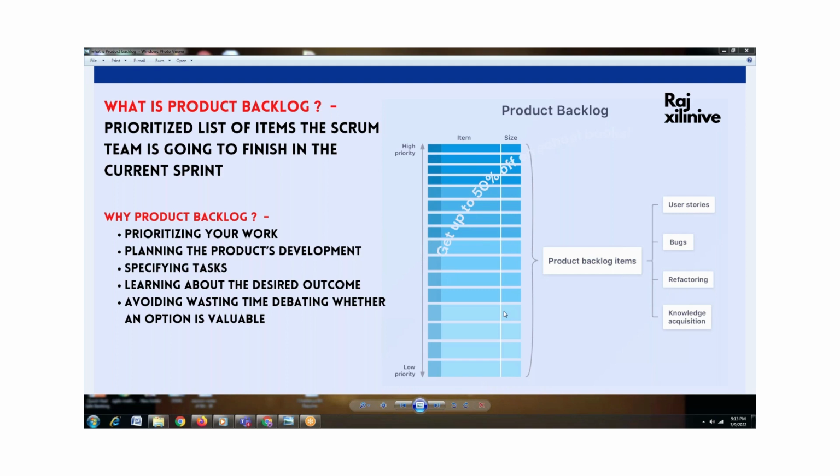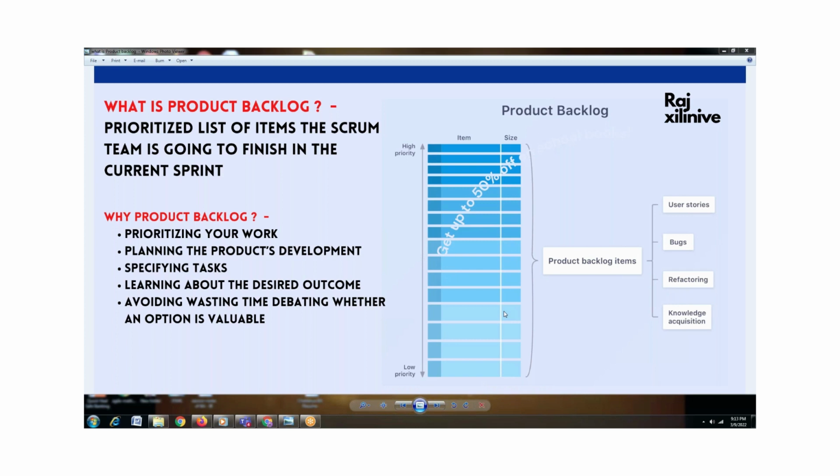This prioritization depends on different things. Normally, to prioritize the user stories, two aspects are taken into account. One is business value, second is complexity. So what business value this particular user story has, followed by how much complexity it has, because I'm talking about complexity in terms of implementation.